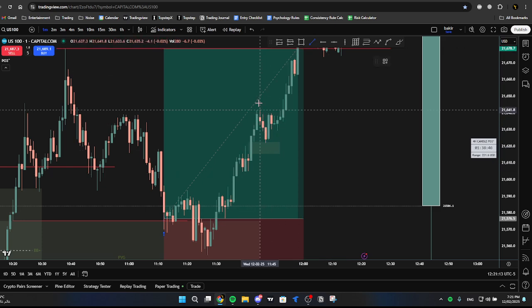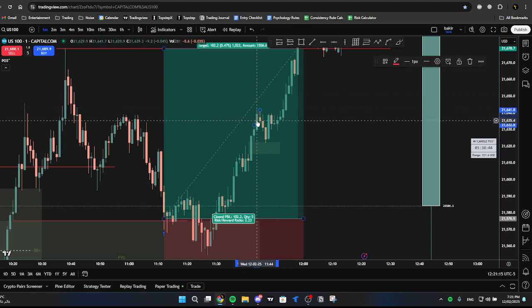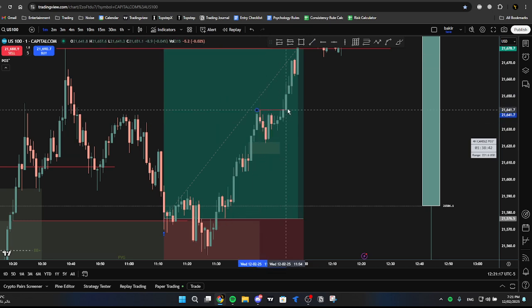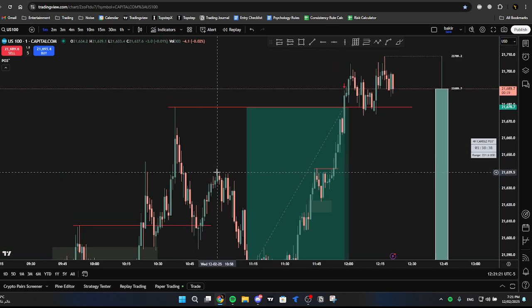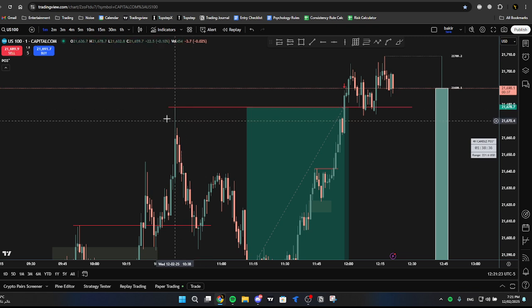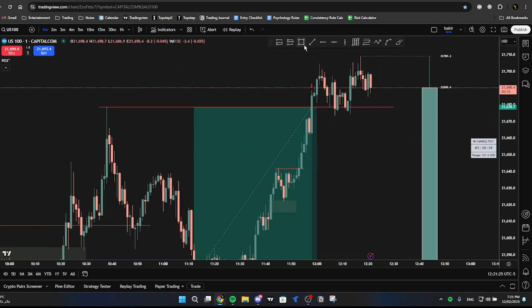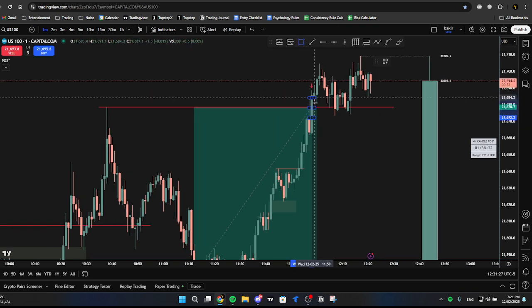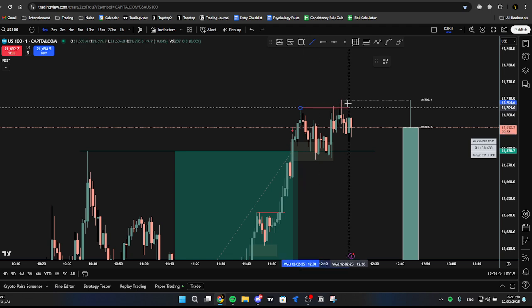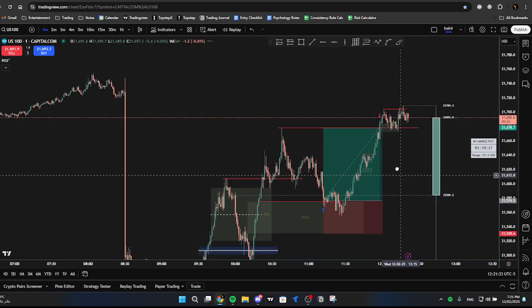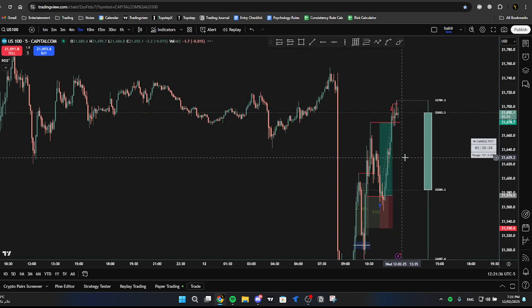Then we took this external liquidity, and then we wanted this high, and then this high. And what do we do after we take a high? We rebalance price into internal liquidity and then take external liquidity. So that's basically just how price moves.